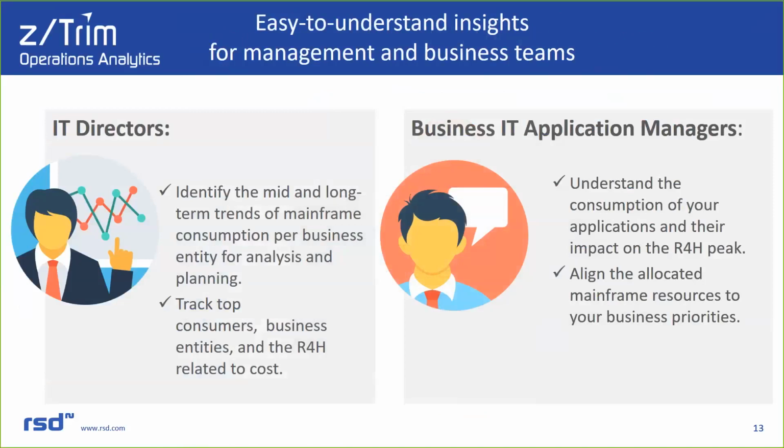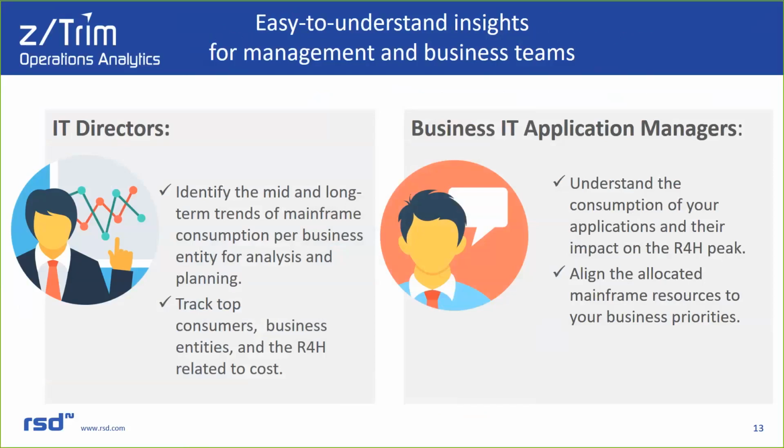One of the things that we talked about were the specific stakeholders, and today we'll demonstrate 4 different dashboards that we've built because we see these as pretty typical, but obviously you could have more than these depending on the needs of the business. So directors: it's more a high-level view of mid and long-term trends of consumption per business entity, so that it can be broken down, for instance, if you're doing chargeback, you can track that by the entity.